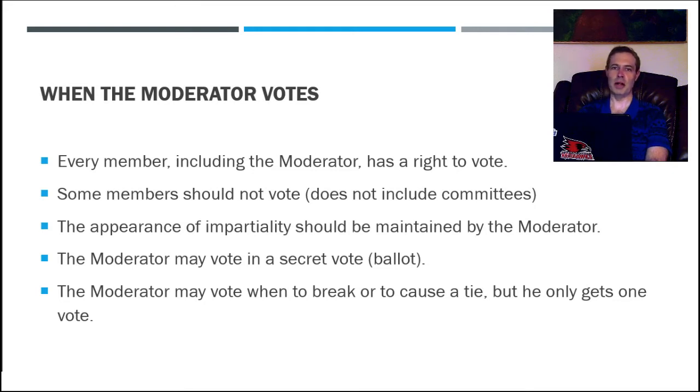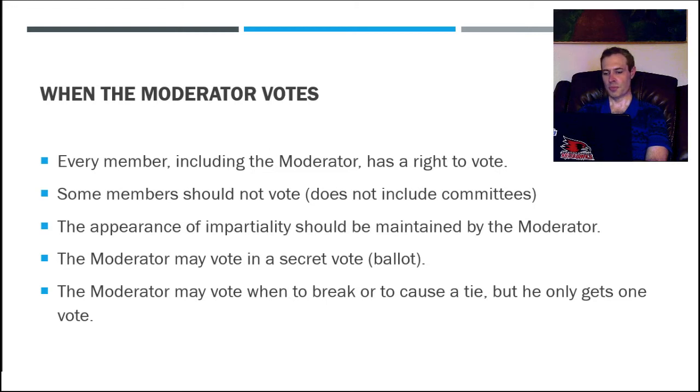which would be a ballot. In that case, since the secret voting is not going to impact the impartiality, he should go ahead and vote as a member. If he's not a member, then he shouldn't be voting anyway.